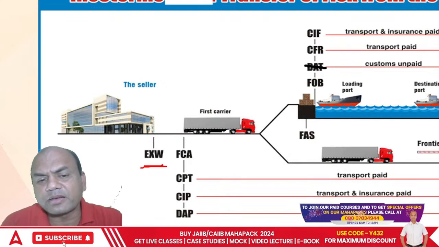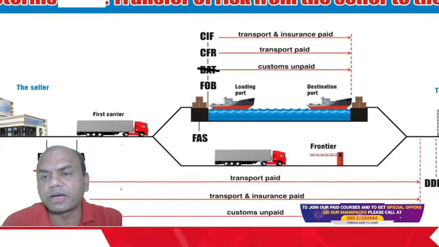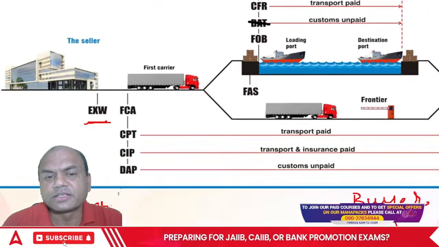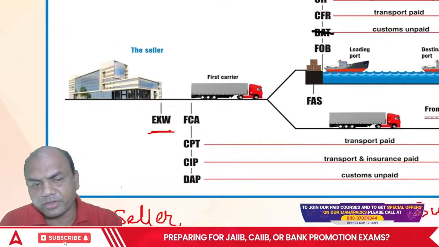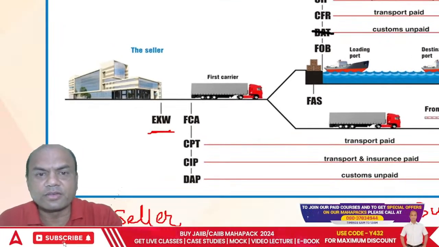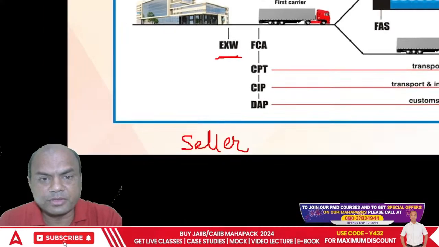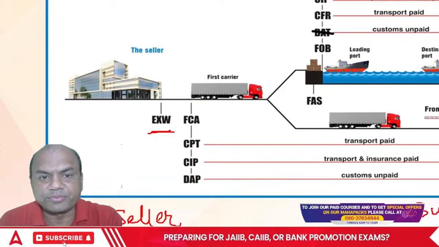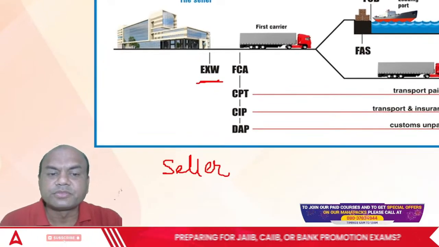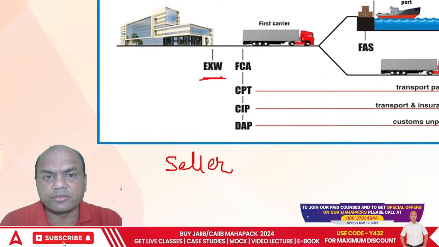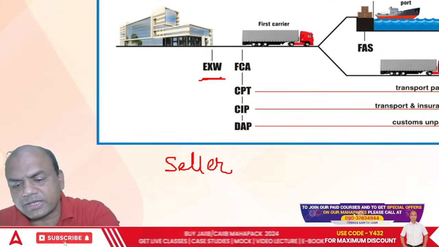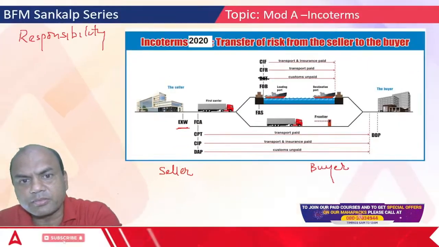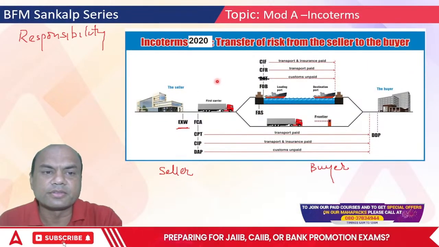Then comes a bit higher. Now the buyer is in, let's say, the USA, and the seller is in, let's say, India. What will the buyer do? Let me make this smaller so that you understand.